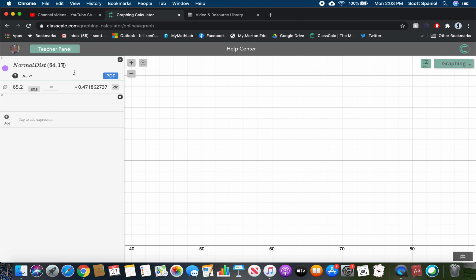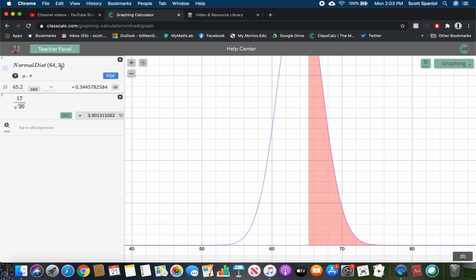Okay, so let's do that calculation separately, and then I'll plug it in. So 17 divided by the square root of 20. Okay, so that now takes our standard deviation down to 3.801.